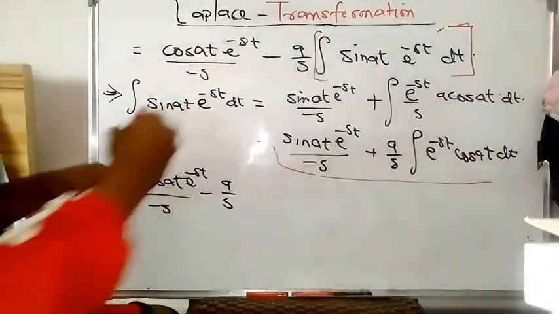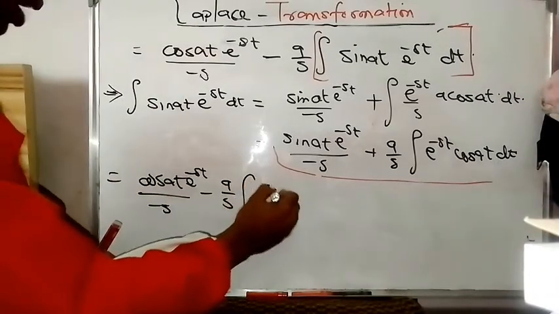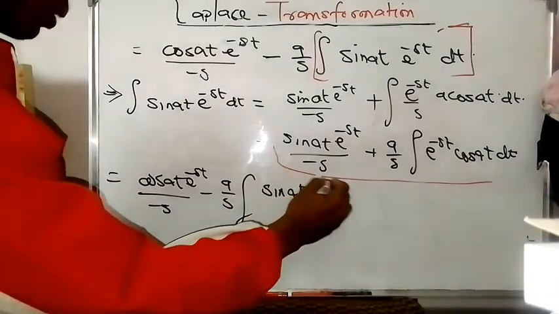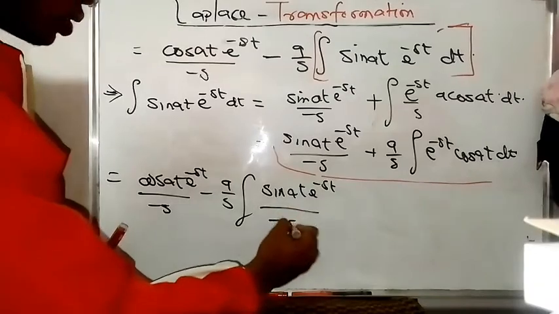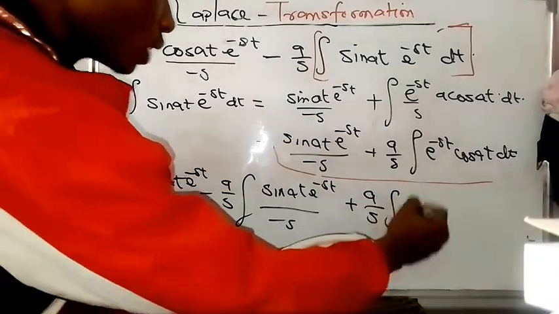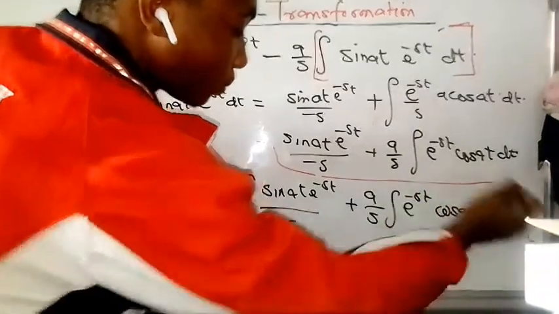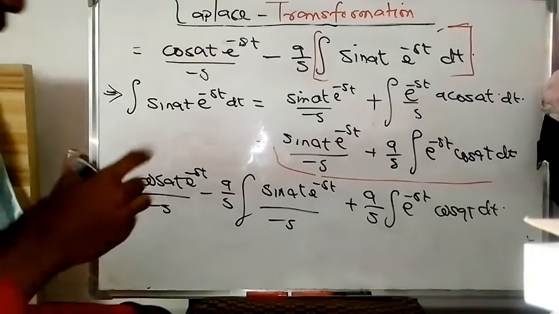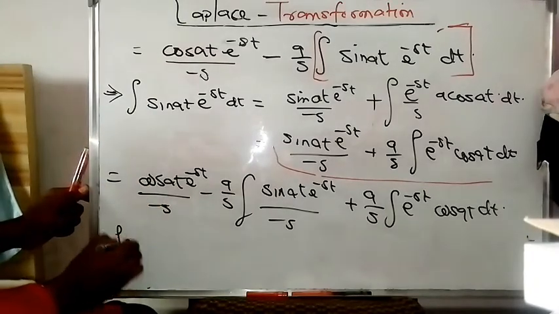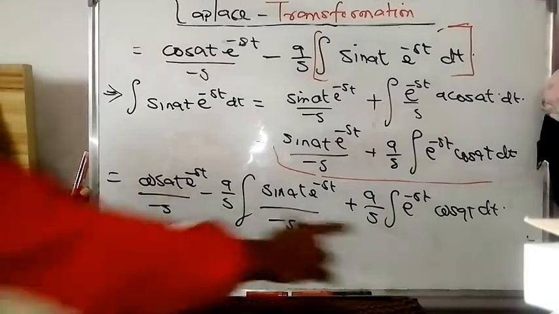So putting this back in this, we'll be having minus a over s, open bracket, sine at exponential minus st divided by minus s, right? Plus a divided by s integral exponential minus st cos at dt. Remember, what we were integrating is the integral of exponential minus st cos at, which is now equal to this, right?